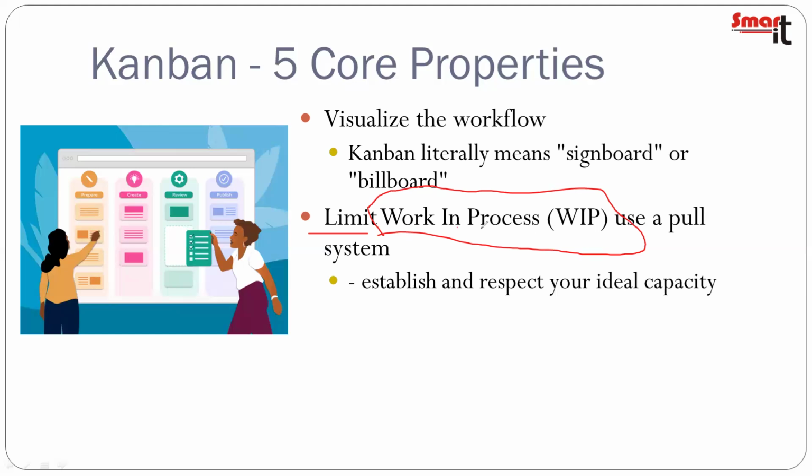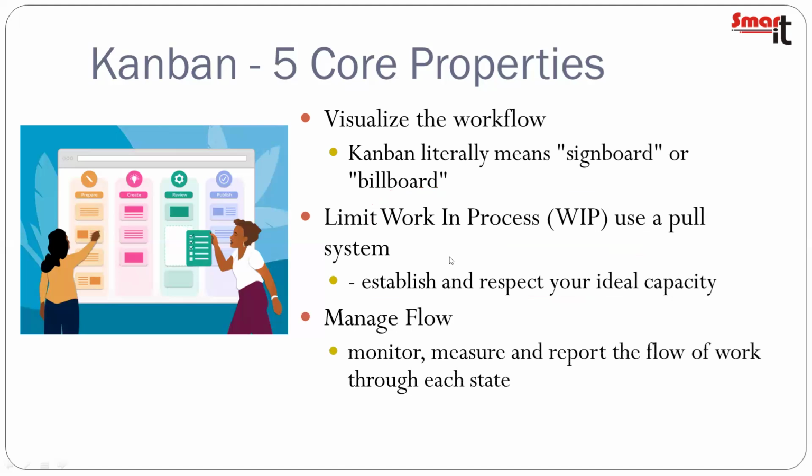So it is better to limit WIP. You have to establish and respect your ideal capacity. Maybe some persons can open 3-4 tasks and try to do all of them. There are some persons like that. However, you have to think about your capacity. Too many WIPs is not good for any of us.